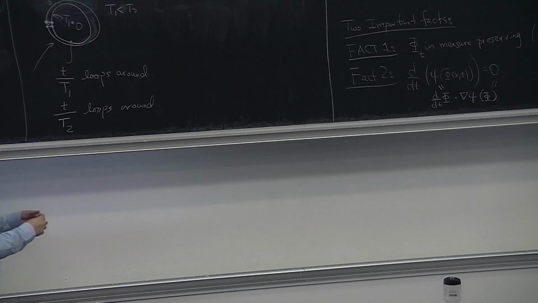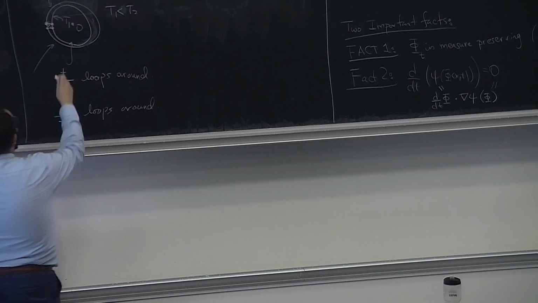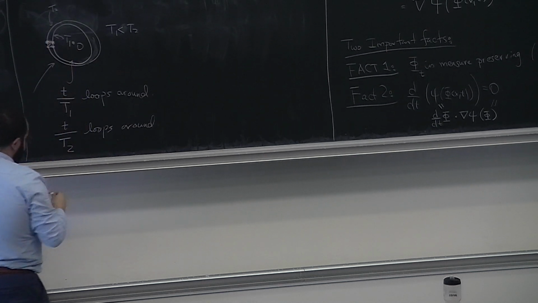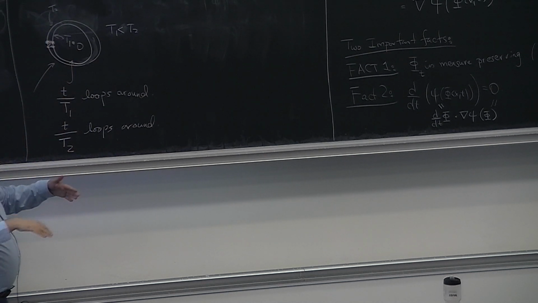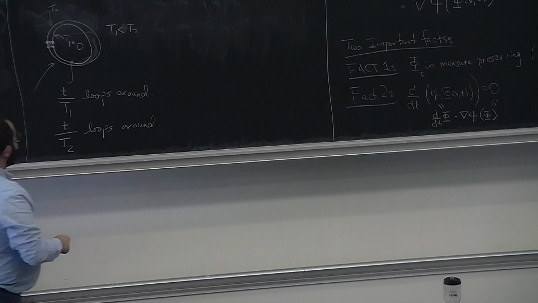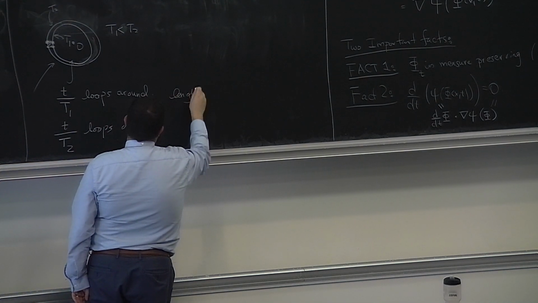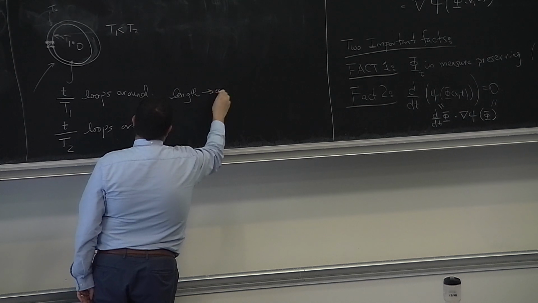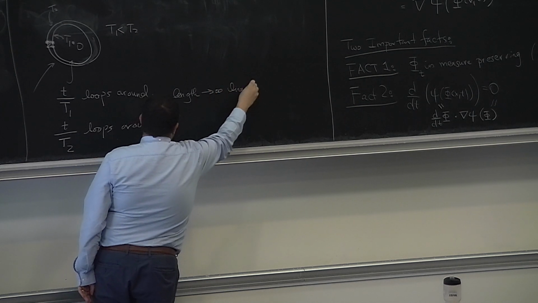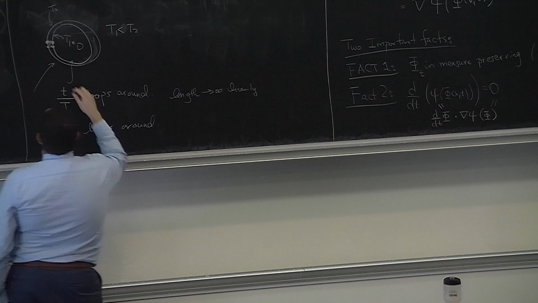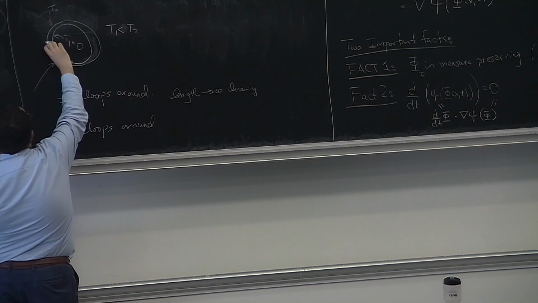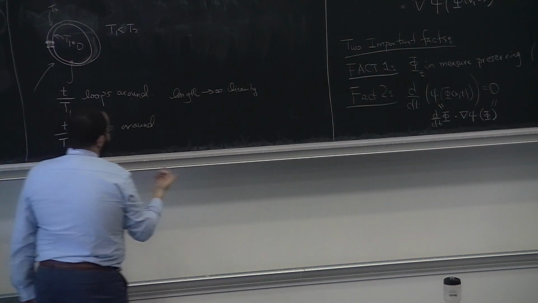And then you see that the length of this curve must have gone very, very long, right? The length of the curve goes to infinity linearly, which means that these two sides have to approach each other.